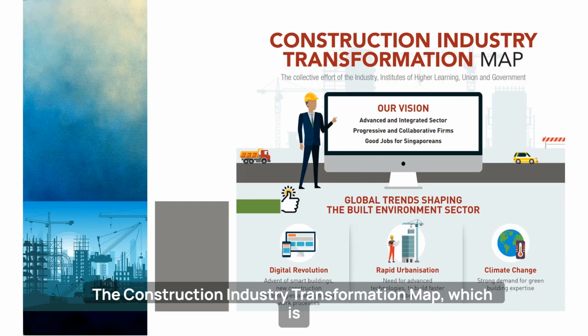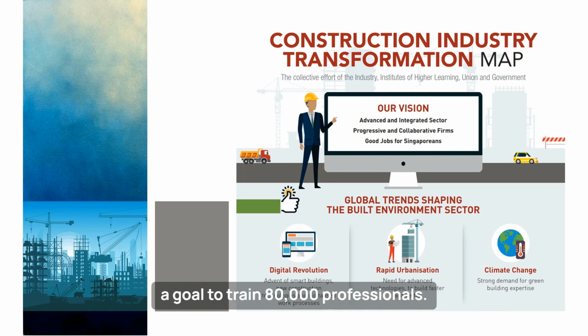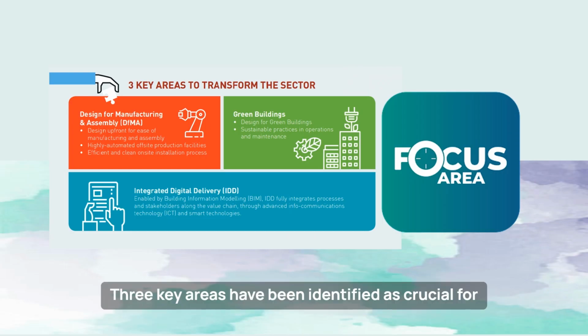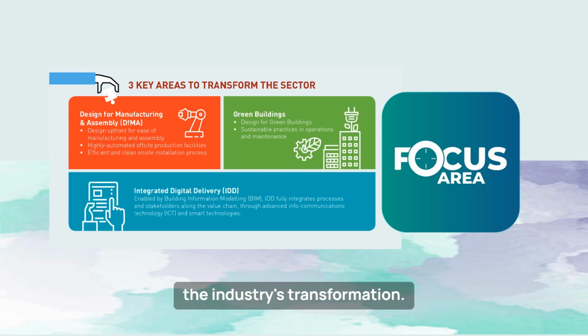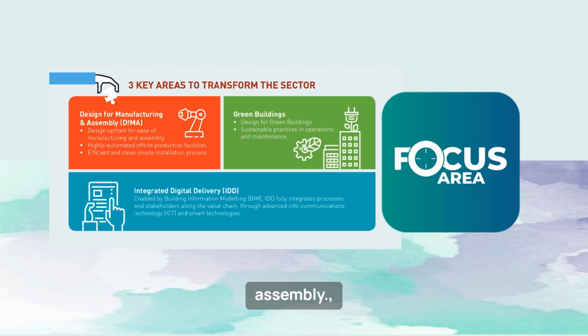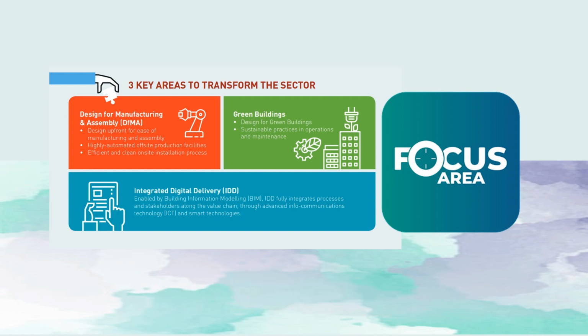The Construction Industry Transformation Map, which is a part of the Industry Transformation Program, has set a goal to train 80,000 professionals. Three key areas have been identified as crucial for the industry's transformation. These areas are design for manufacturing and assembly, green buildings, and integrated digital delivery.